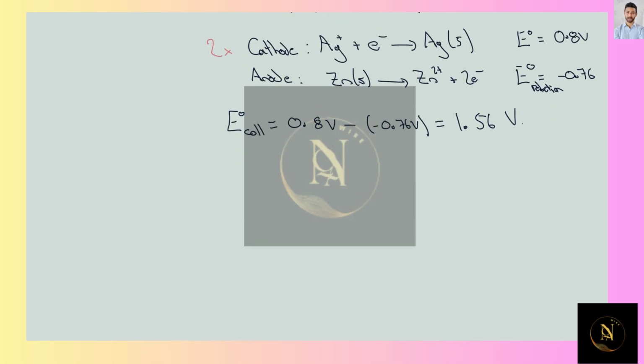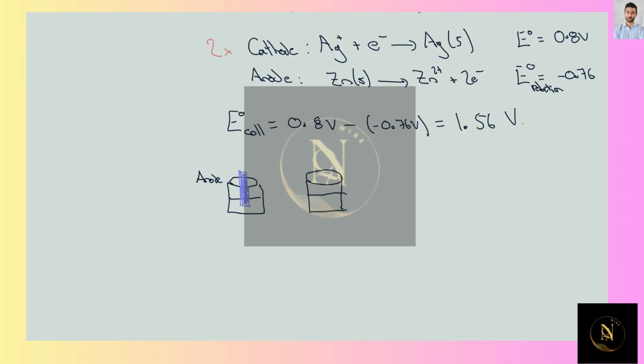So now the diagram that we are going to use, let's draw two different flasks. Each of them is going to have a solution. First of all, on the left hand side, we're going to write down the anode. And I'm going to draw in purple a bar of zinc.